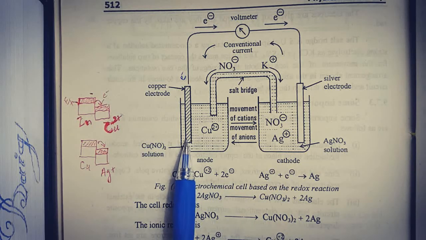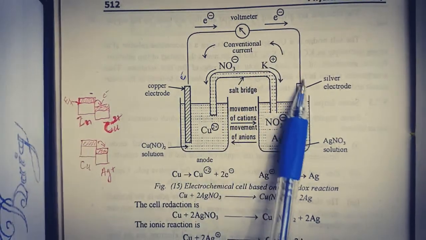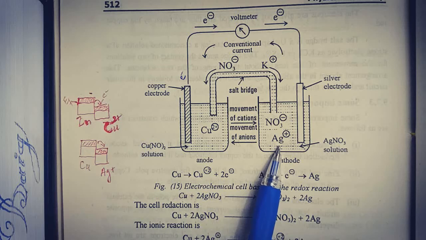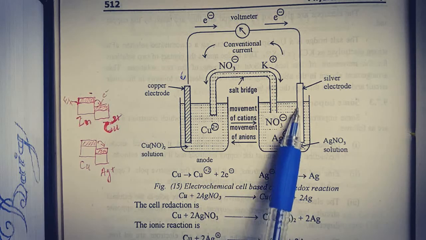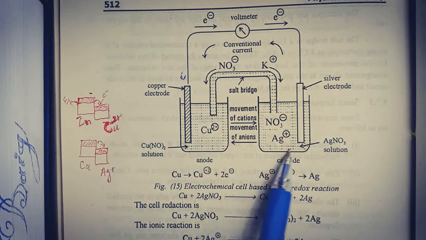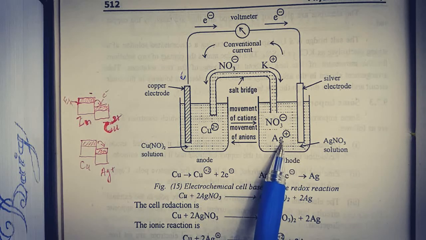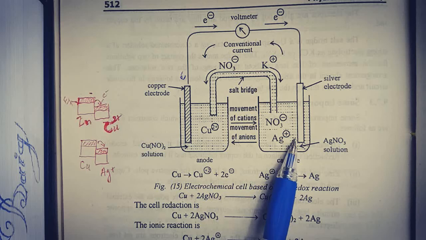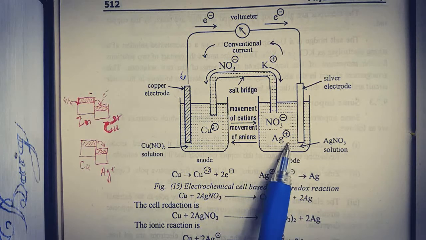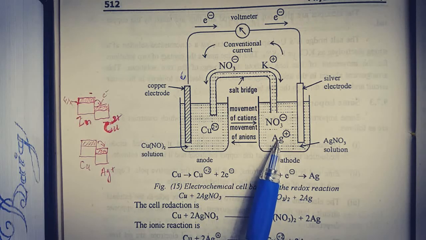So this is known as the negative pole, and electrons are being transported to the external circuit, and here these electrons reduce the silver ions to silver metal, which is deposited over this electrode. And with the deposition of silver ions as silver metal, the oxidation state of silver is 0.